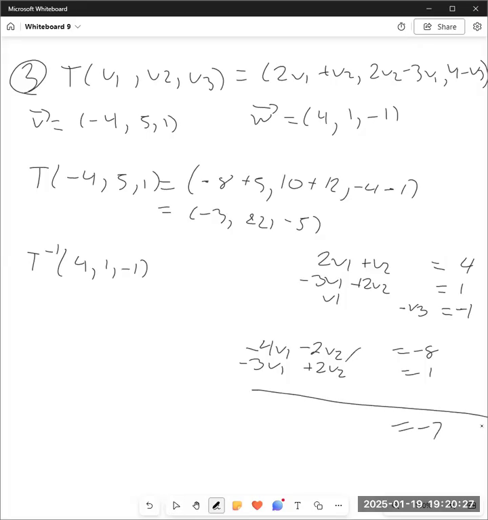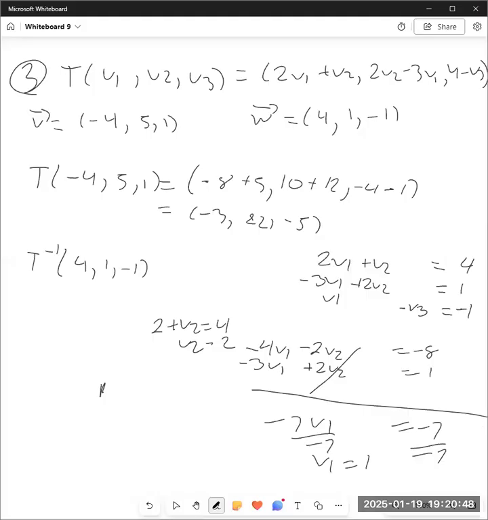It's -7V1, so V1 is equal to 1. If V1 is 1, 2 plus V2 is equal to 4. V2 is equal to 2.